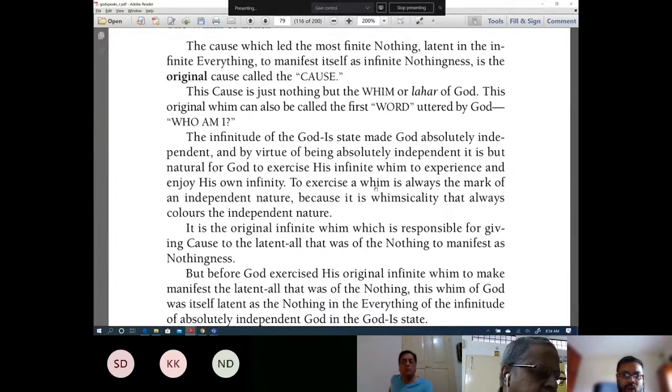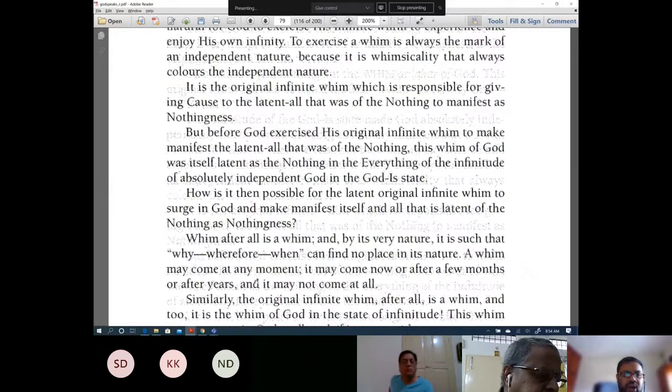To exercise a whim is always the mark of an independent nature, because it is whimsicality that always colors the independent nature. It is the original infinite whim which is responsible for giving cause to the latent all that was of the nothing to manifest as nothingness.